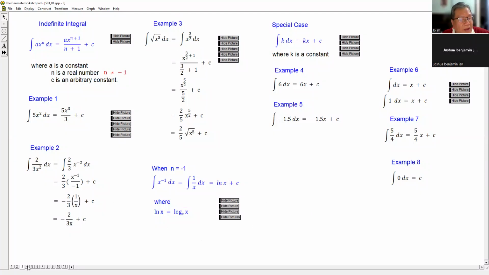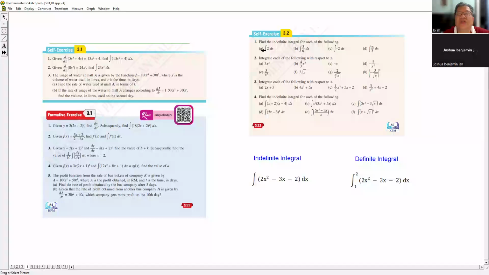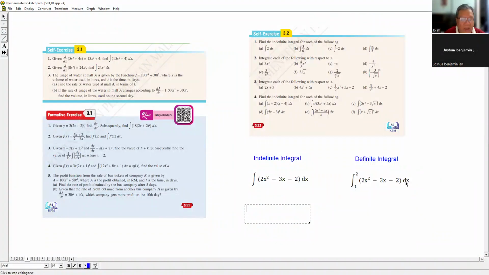Now, I ask you to try a few questions. You try this one, number 2A, right? Then number 2D, and the one with a negative index is a fraction.